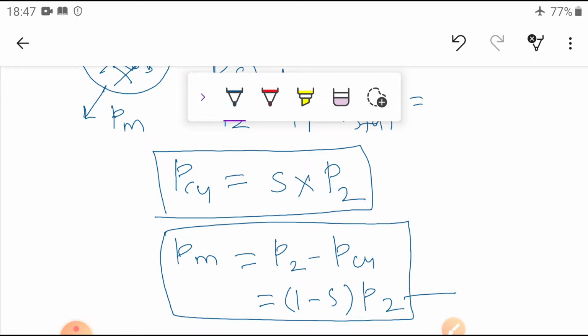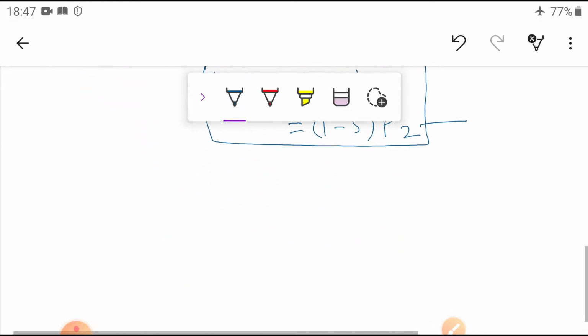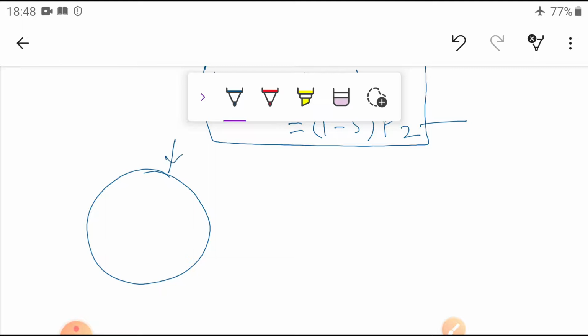If you know all these values, you can do any problem simply. Suppose I want to know the motor input current. If the input P1 is known, what is the formula?